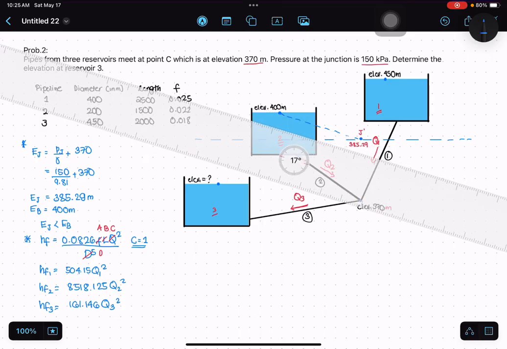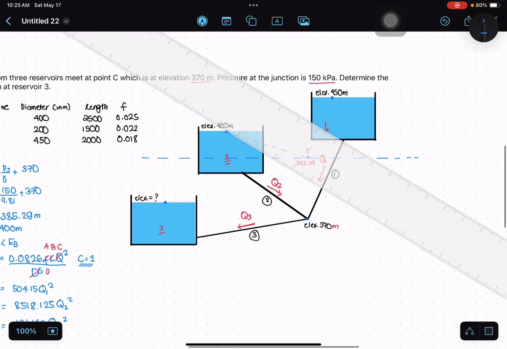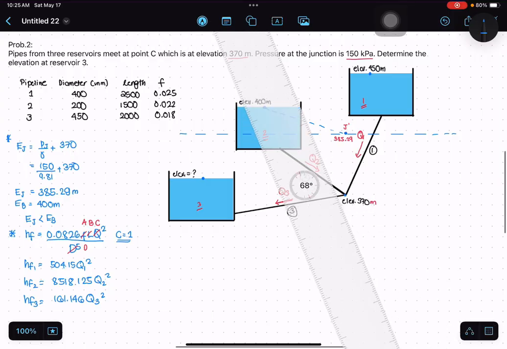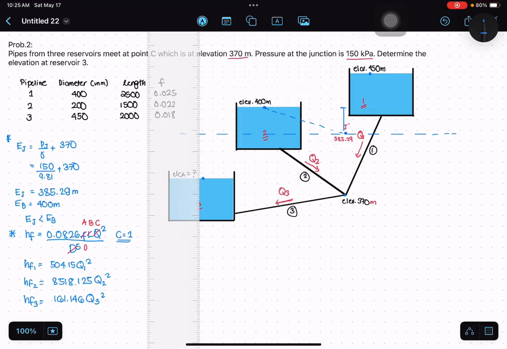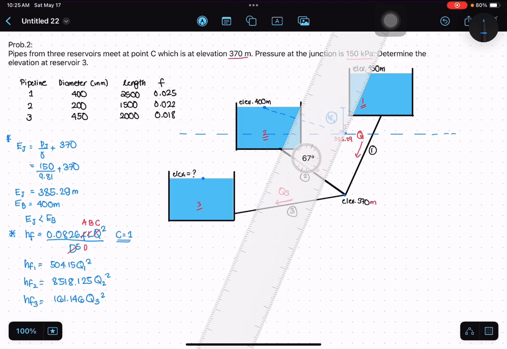So, it follows that kung ano man yung drop sa ating EGL, yun yung head loss, right? In this case, from the elevation 400 to the junction, ito yung tatawagin natin na head loss HF2. Tama?